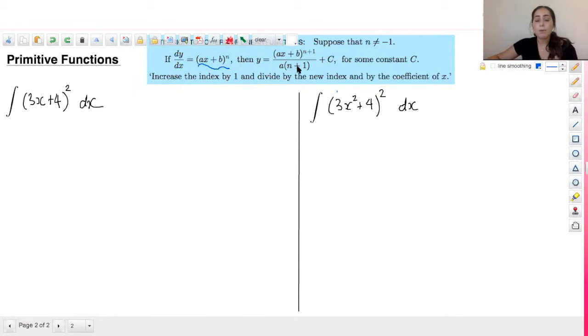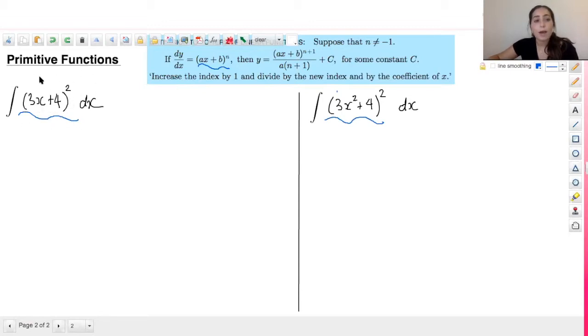So the tip I want to give you in this week's video is to show you the difference between this question here and this question here, although they may look very similar. So with this first example over here, we have (3x + 4) to the power of 2.